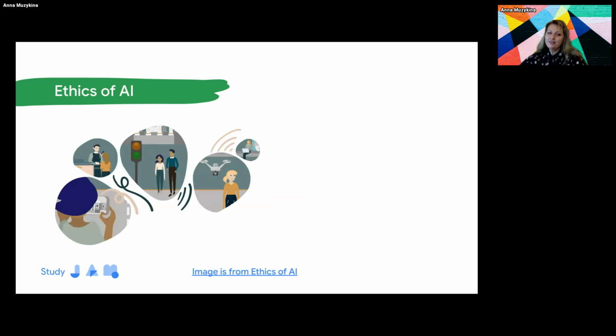Safety and security. Safety is about protecting people from physical, social, and emotional harm. Security is about protecting them from intentional threats. When it comes to AI, there are different ways to think about safety.